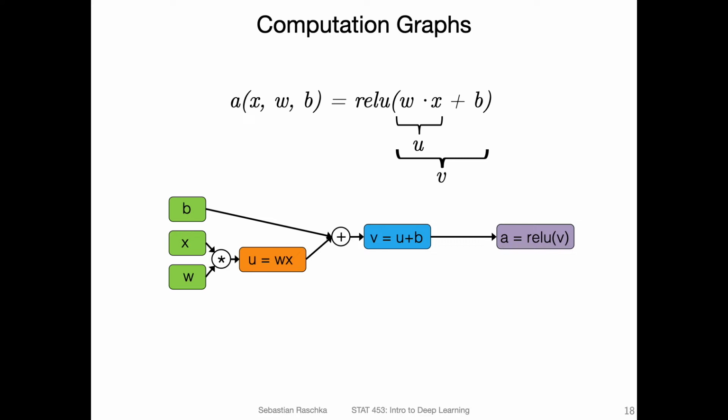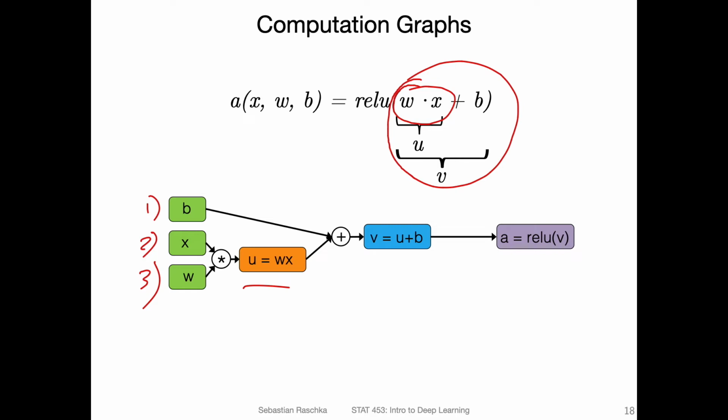I use some intermediate variables to make this a little easier to read. We define this computation as u, and this computation as v. We have 3 inputs, like I said. Input 1, the bias. Input 2, the feature. Input 3, the weight. The first part is we compute u, which is multiplying x and w, so u is equal to wx.